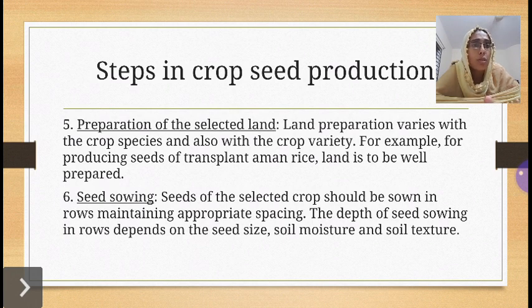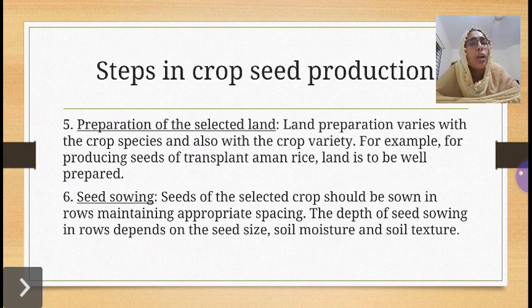Or if you want to produce vegetables, in that case land is to be well prepared, and it depends on which type of vegetables you want to produce. So preparation of selected land is important, and if you prepare your land well, you can get more products.